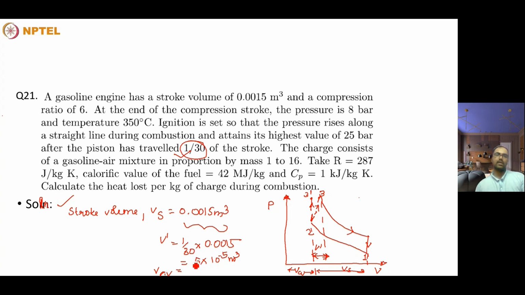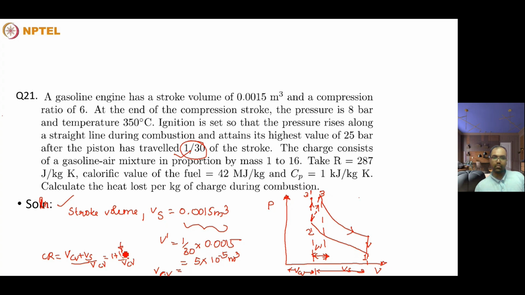And Vc, the clearance volume, we have to calculate from the compression ratio. The equation of the compression ratio is equal to V clearance volume plus V stroke volume divided by V clearance volume, that is 1 plus V stroke volume divided by V clearance volume.